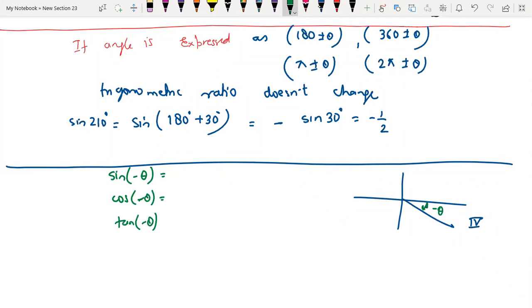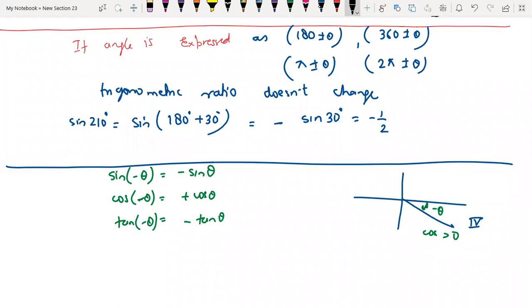Cos. So sin becomes minus sin theta because this belongs to the fourth quadrant. In the fourth quadrant, cos is positive, so only cos value will be positive, and tan will become minus tan theta. This is in case the angle is measured in the opposite direction, negative direction, which is minus, which is clockwise direction.